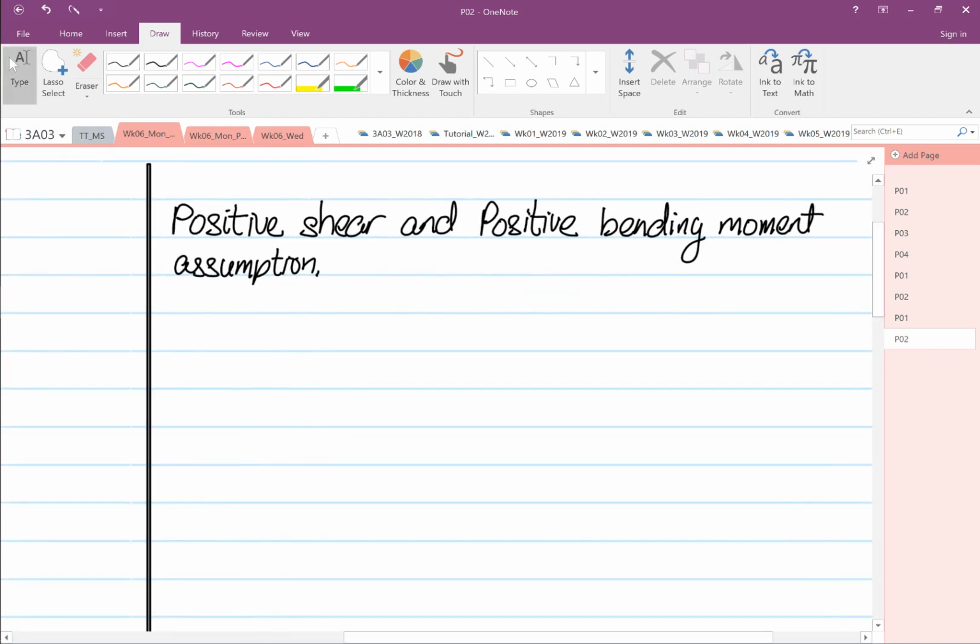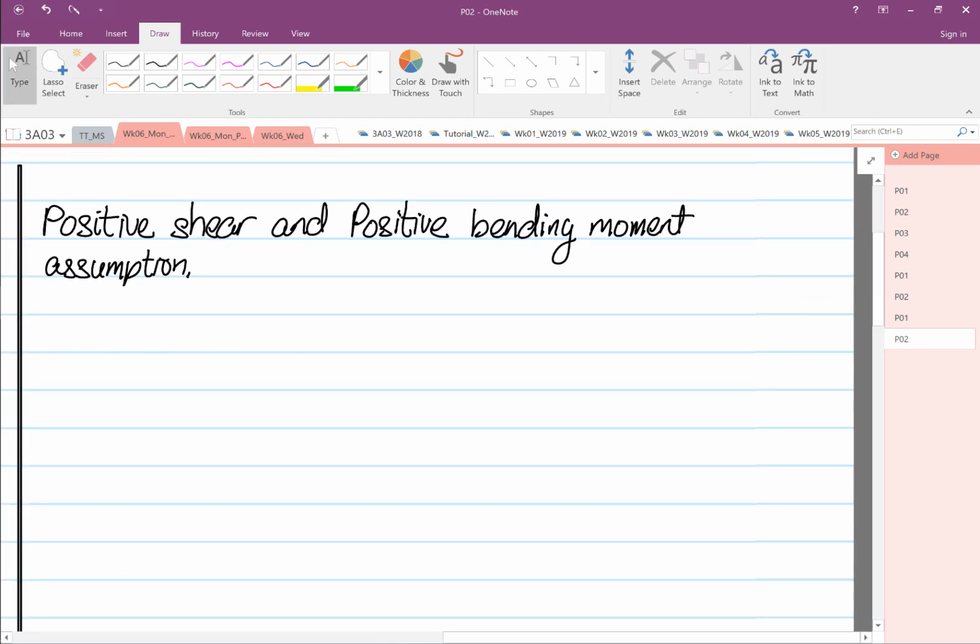Okay, so let's consider left to right analysis. And then on the other side, we do right to left analysis.